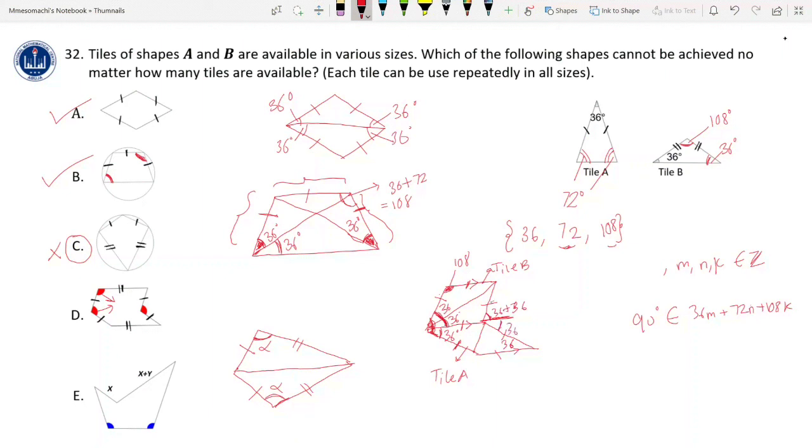So we have, in fact, this angle here also being equal to 108 degrees. So I just showed that we can form this shape from the tiles. So let me just erase this. 108, 108, 108. Okay.